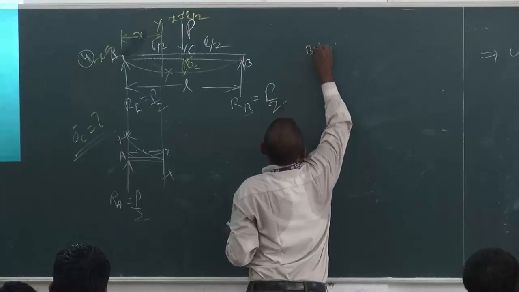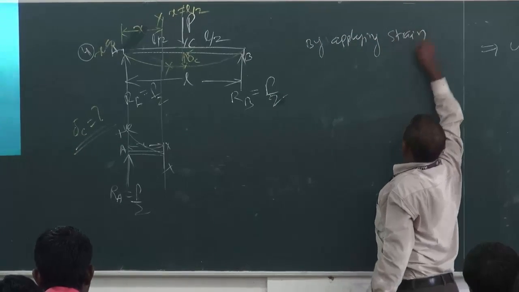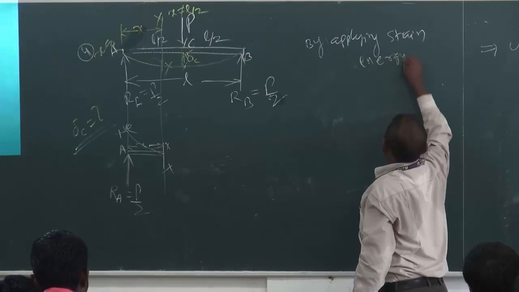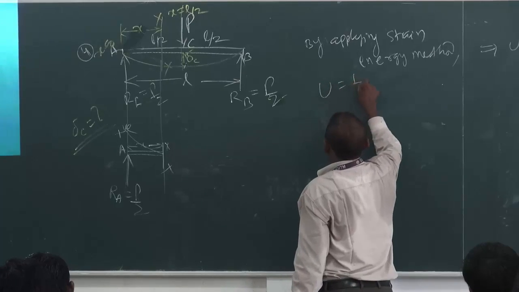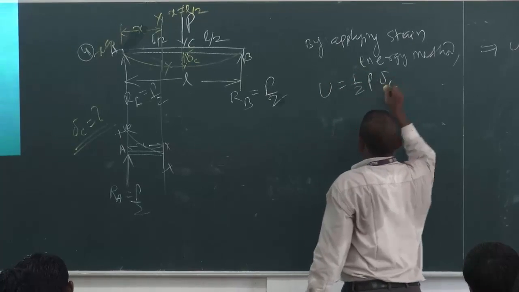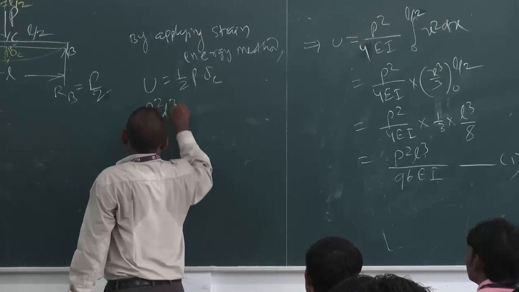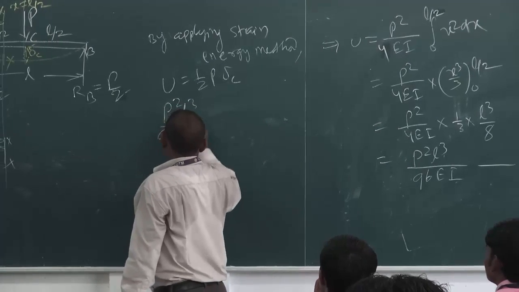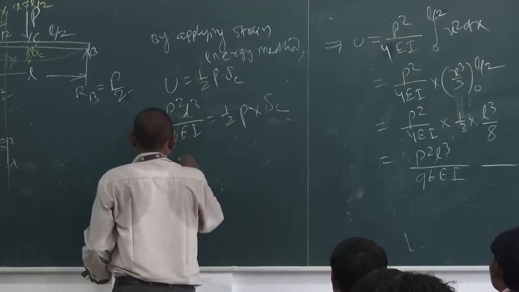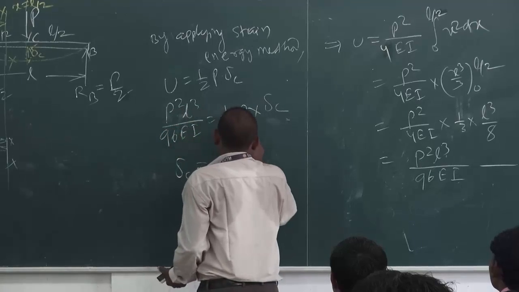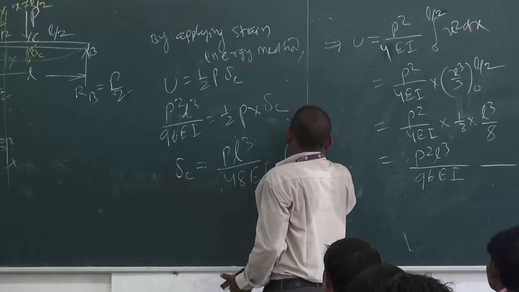So by applying the strain energy method, we know U is equal to half P into delta C, and the U value is P square L cube by 96 EI is equal to half P into delta C. By solving that, delta C is equal to PL cube by 48 EI, and this is your answer.